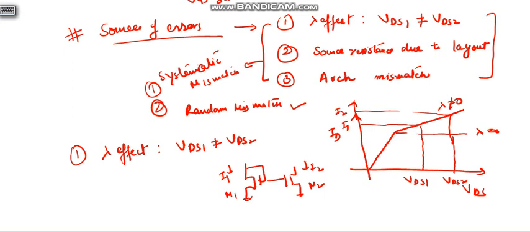Now VGS is the same, but VDS for both devices is different. VDS1 not equal to VDS2, therefore I1 not equal to I2, and because of this delta I equals I1 minus I2. So this is delta I. So there is a mismatch.